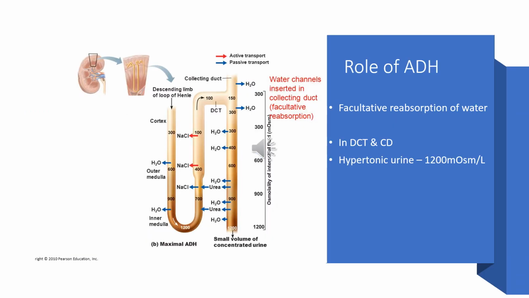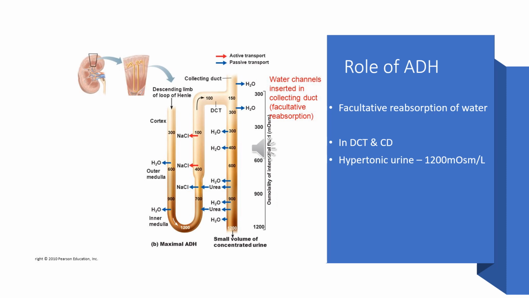Role of antidiuretic hormone in concentrating the urine. The final concentration of urine is achieved by the action of antidiuretic hormone. We know that normally the distal convoluted tubule and collecting duct are impermeable to water, but in the presence of ADH, these segments become permeable to water, resulting in the reabsorption of water from distal convoluted tubule and collecting ducts into the medullary interstitium.